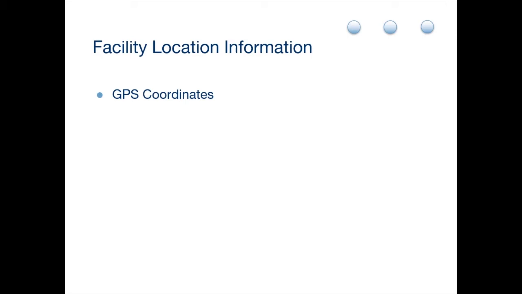Global positioning system coordinates can be useful, especially in combination with maps. Written directions to your facility can offer first-hand knowledge of the best route to take. And a diagram of the facility's floor plan is essential in an emergency.